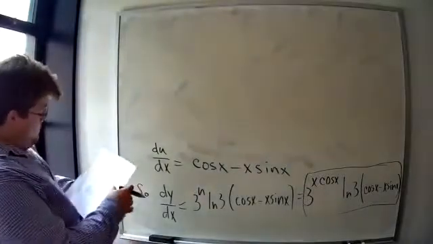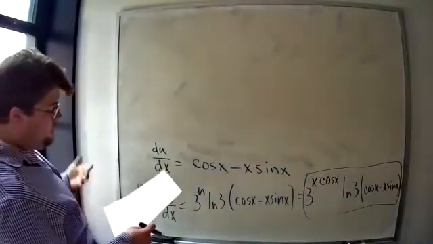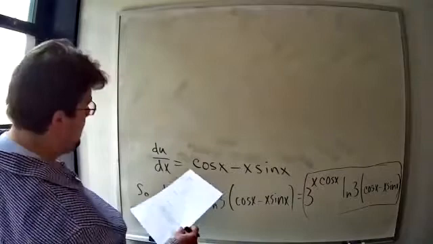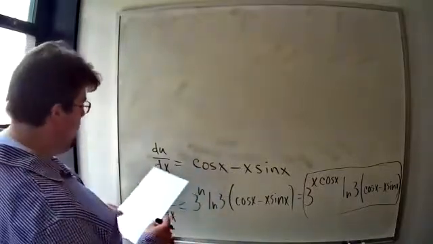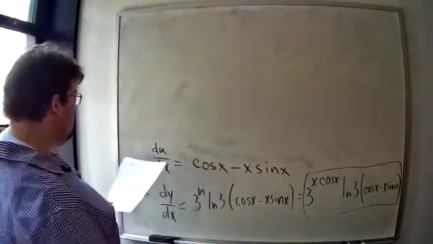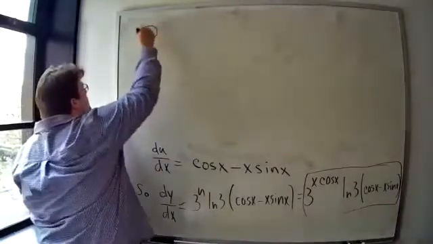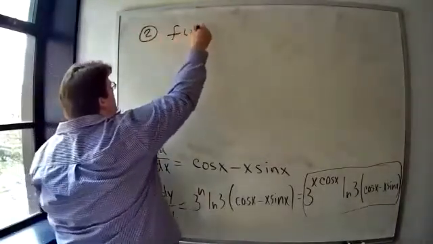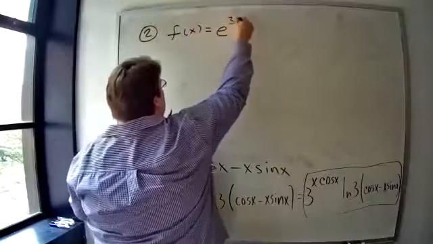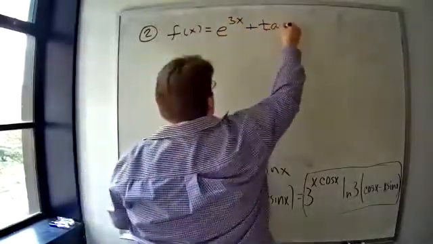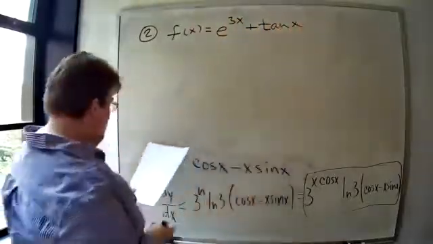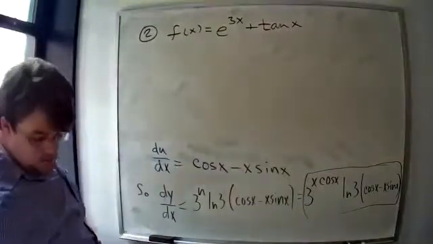So in week 6, we introduced higher order derivatives, taking second, third, and so on derivatives. Problem 2 here asks to find a second derivative. We need the second derivative of this function.